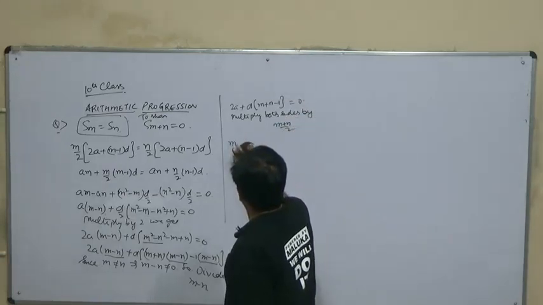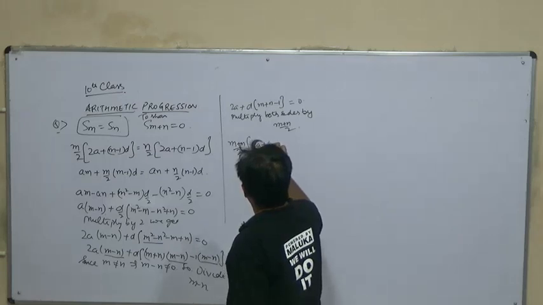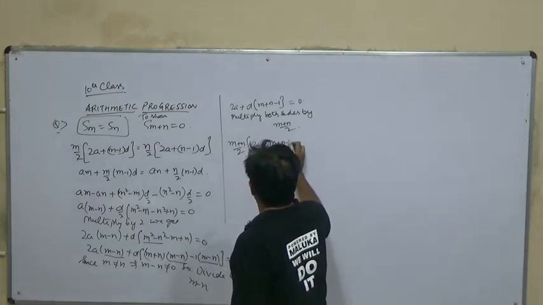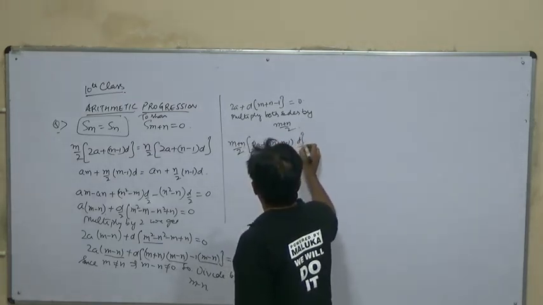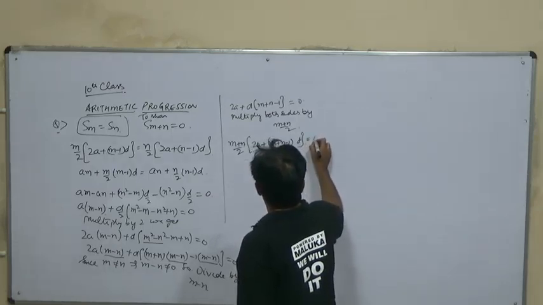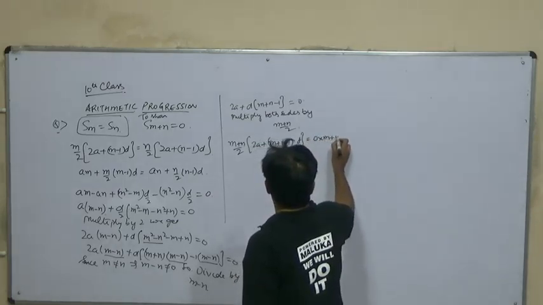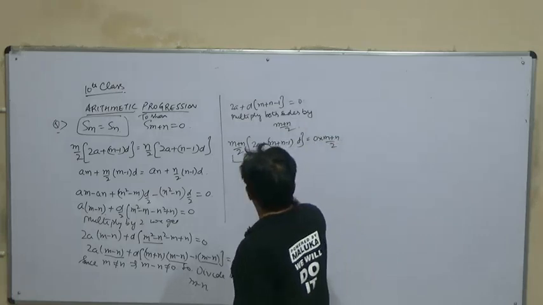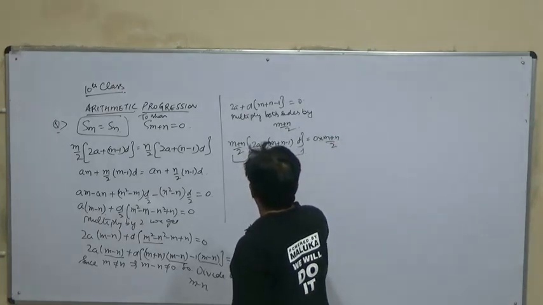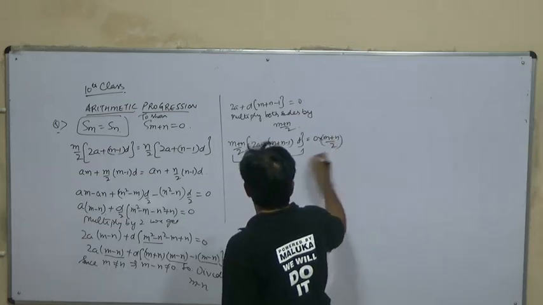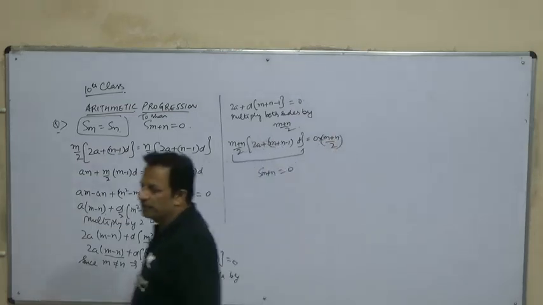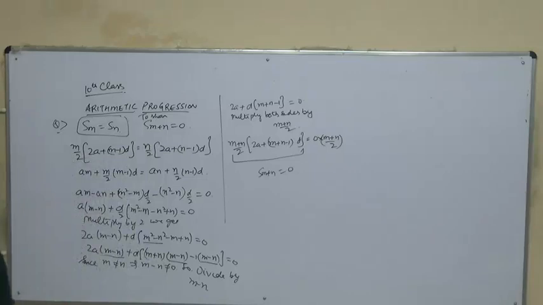We will get (m plus n by 2) into (2a plus (m plus n minus 1) into d) is equal to 0 into m plus n by 2. So this is your S of m plus n, this is equal to 0, because anything multiplied by 0 is 0. So this is the required answer which we want to find.